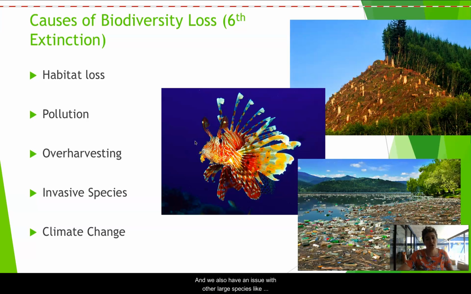And we also have an issue with other large species like sharks. Shark fin trade is a massive problem for the shark species as well, and is also just a brutal practice. It's estimated that we currently have about 10% of the large ocean-dwelling animals that we used to have. So we've had a big loss in ocean animals because of our overharvesting practices.